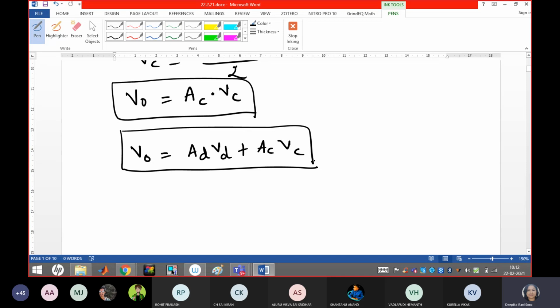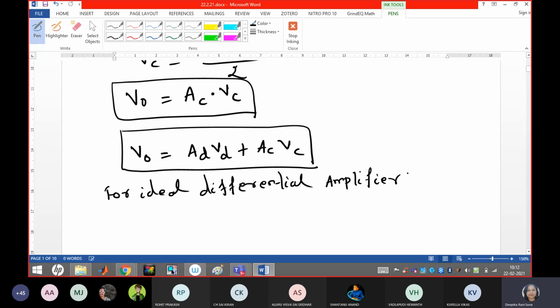Here you have to remember some points, guys. For an ideal differential amplifier, some characteristics or properties you have to remember: AD must be infinite, and AC must be 0.